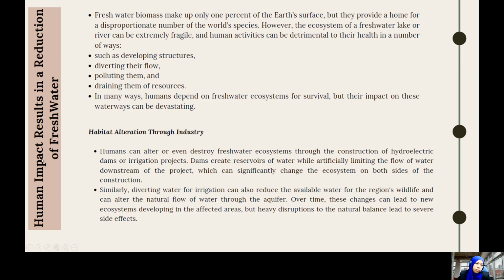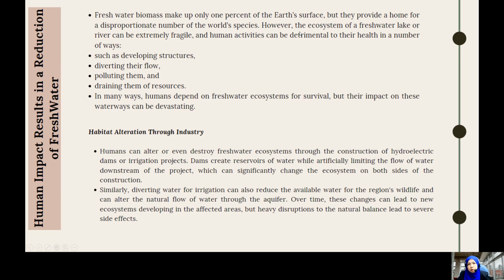What is the human impact? What is the human impact that results in the reduction of fresh water? Freshwater makes up only 1% of Earth's surface, but it provides a home for a disproportionate number of the world's species.